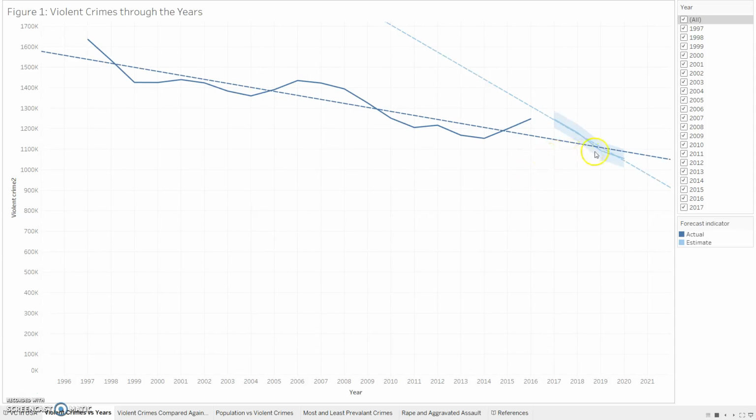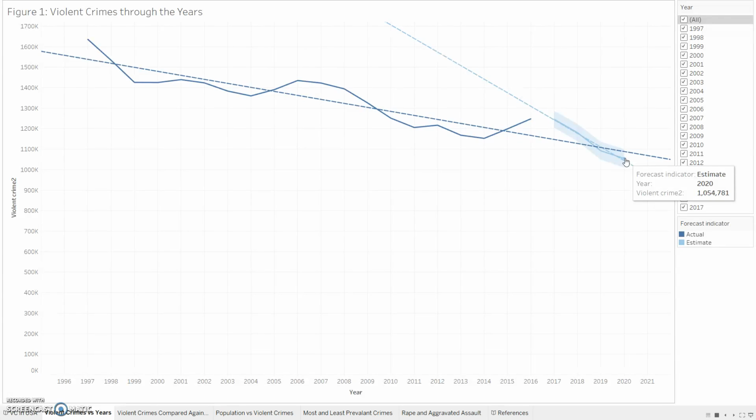Tableau's forecasted model states that in 2020 we're going to have about 1 million instances of violent crimes, which can potentially happen. But it would depend on if all the categories would be dropping significantly together. And I'll show you after I do the other analysis.